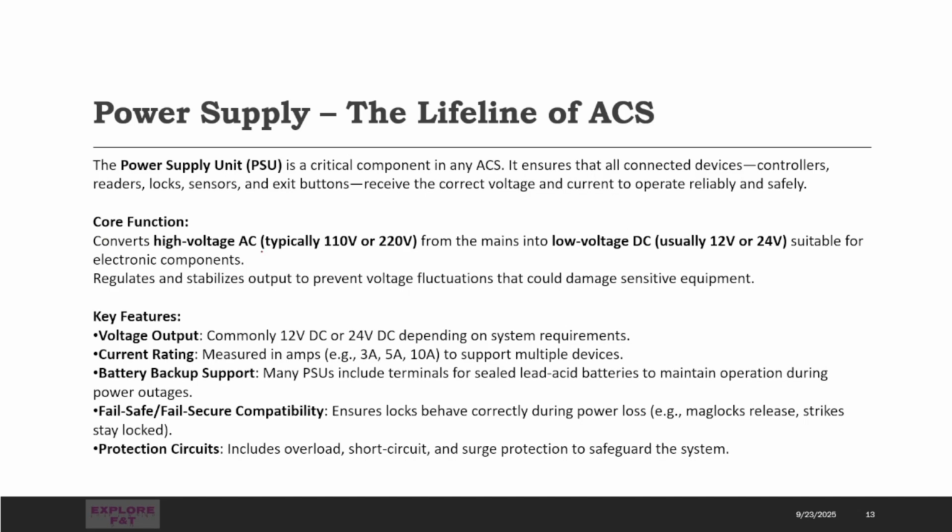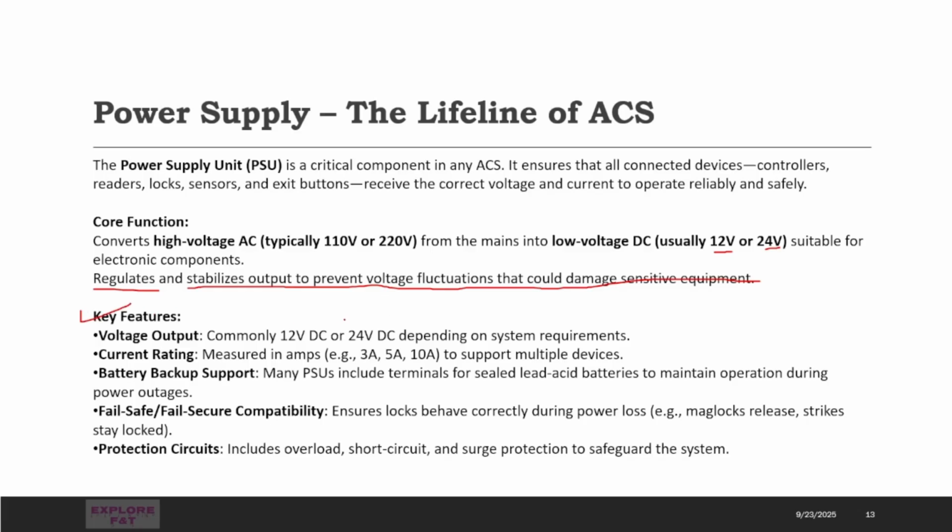Convert high voltage AC, typically 110 volt or 220 volt, to low voltage like 12 volt and 24 volt DC. In short, they are converting from AC to DC, because all electronic components run on DC only. It also regulates and stabilizes output to prevent voltage fluctuations that could damage sensitive equipment.